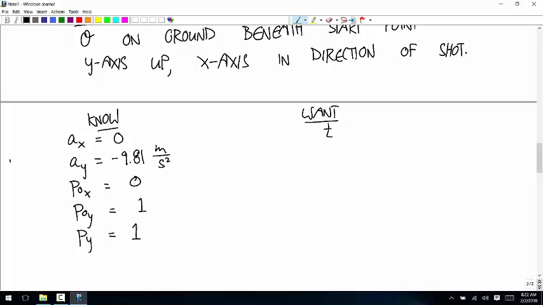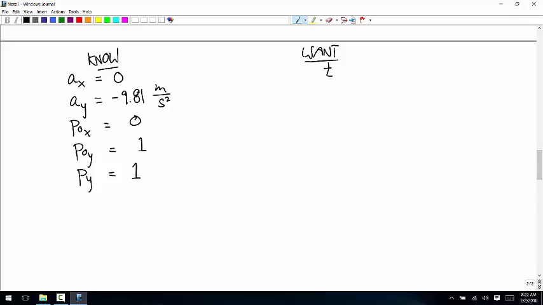Do we know the initial velocity? Yes. So v0x is 500.